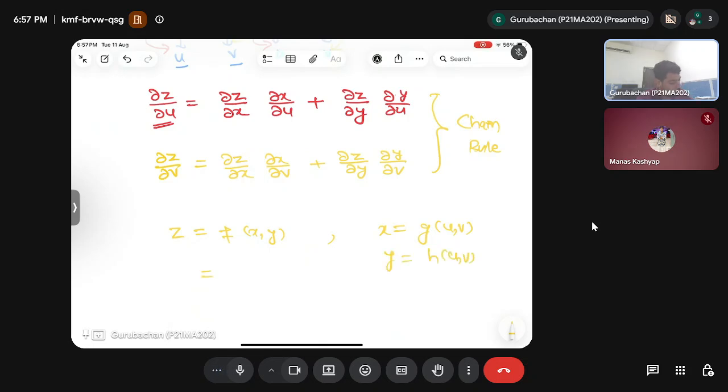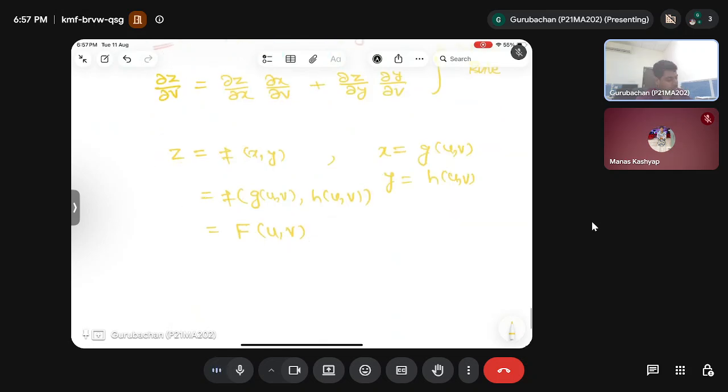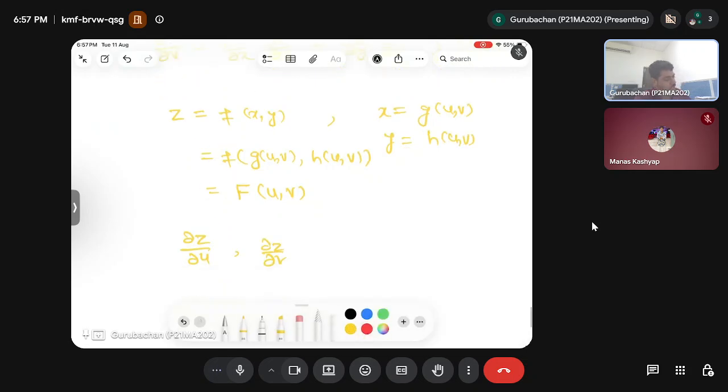So what you can do, you can directly substitute at the initial stage that f is a function of g of uv and h of uv, and you solve it, and ultimately you will get some function of uv. So you can also directly differentiate with respect to del z by del u, keeping the other variables as constant, and del z by del v, keeping the other variable as constant, except v. So any of the two approaches you can follow.